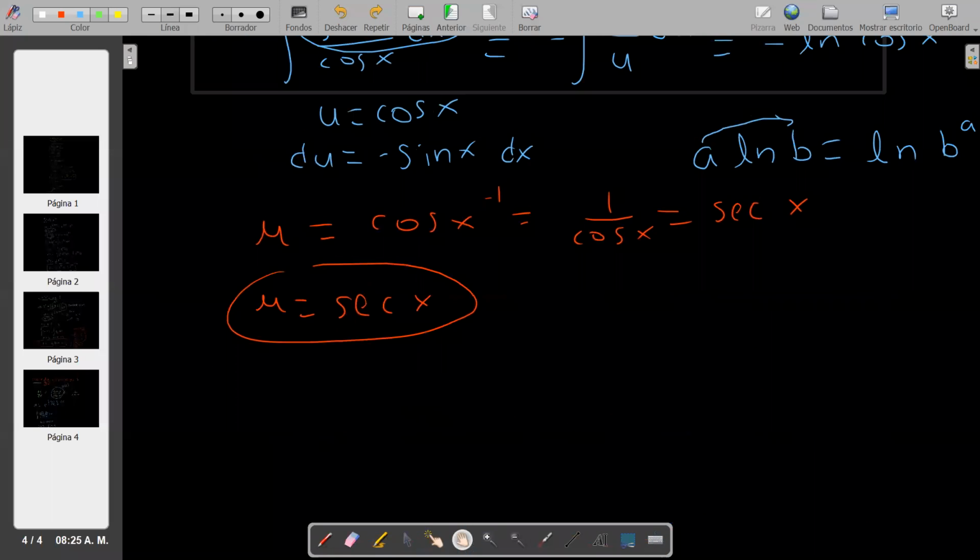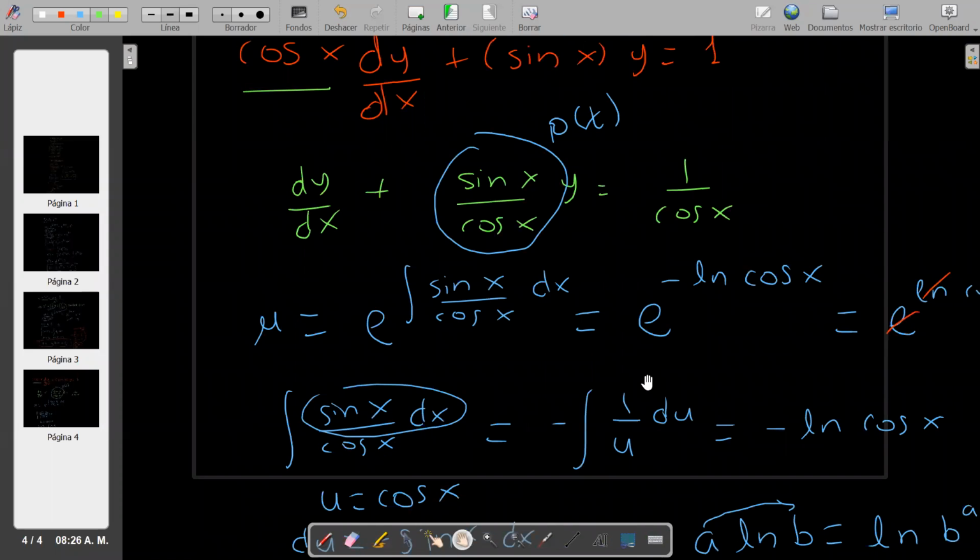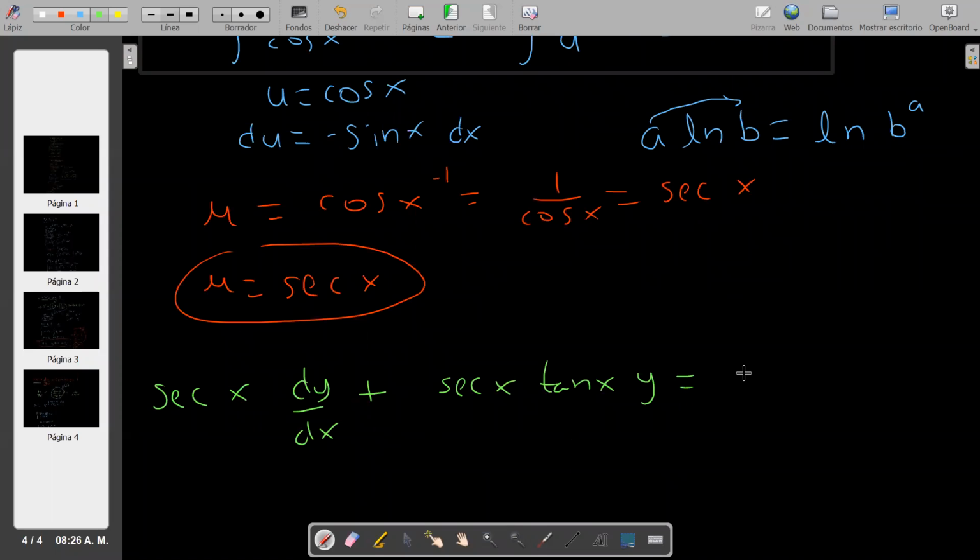Let's multiply it, and we will have secant of x dy dx plus secant of x times tangent of x times y, and that will be equal to 1 over cosine of x times secant of x, but 1 over cosine of x is secant of x, so we will be left with secant squared of x.